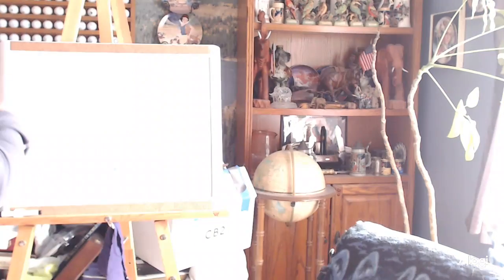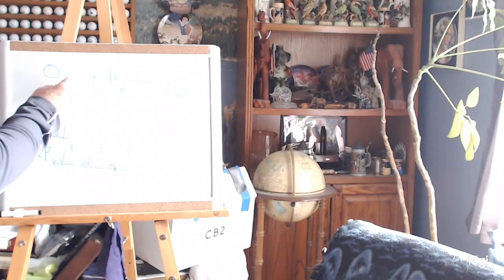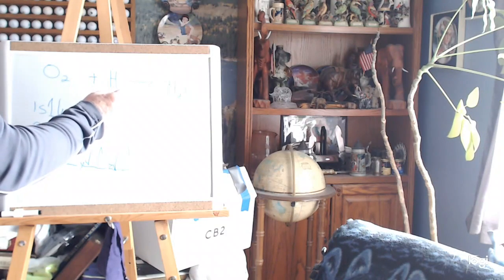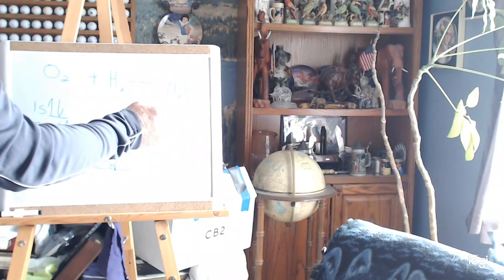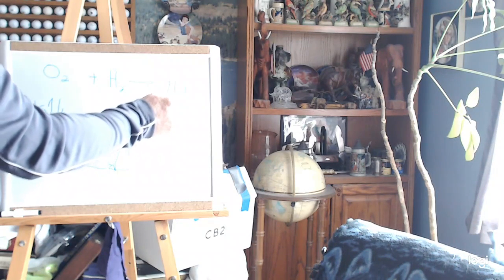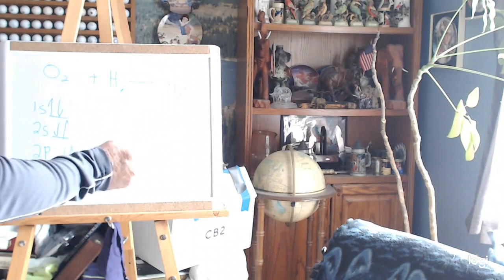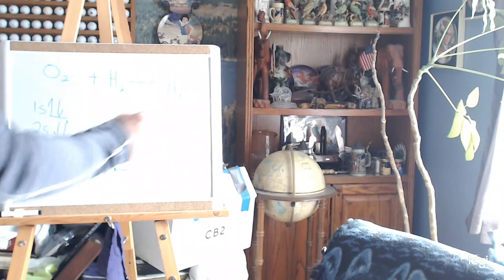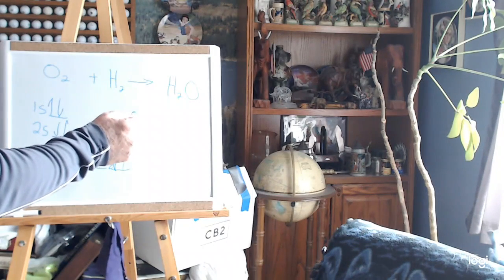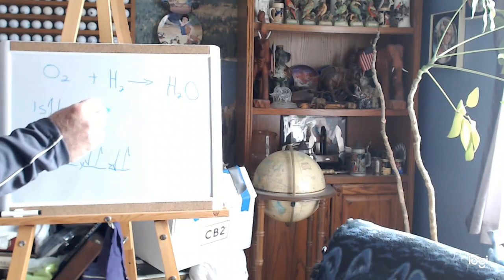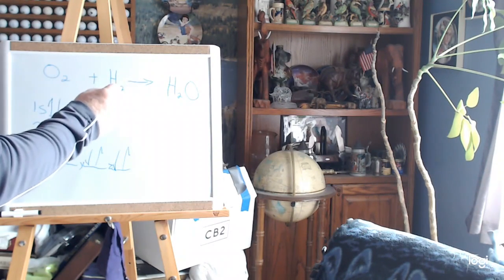So if you look at this in perspective, you've got oxygen with 2 atoms here, 2 hydrogens there. On the reaction side, the completion side, if you wish, you have 2 hydrogen atoms and 1 oxygen atom. It cannot exist. In a balanced reaction, you must always have the same number of atoms on either side.